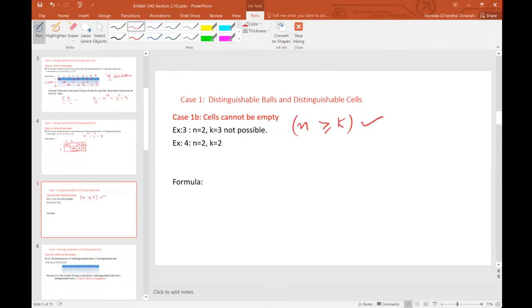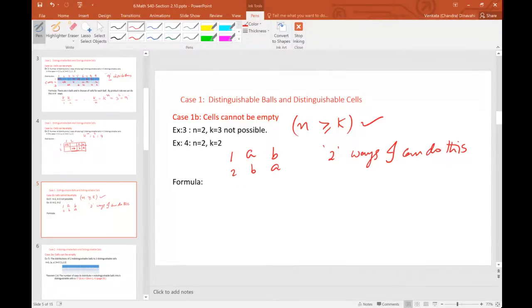Then only this is possible. So example 3 is not going to work. If n is 2 and k is 2, then there are only 2 options. I can put one in the first cell and the second in the second cell, or this. So the answer is only 2 ways I can do this.